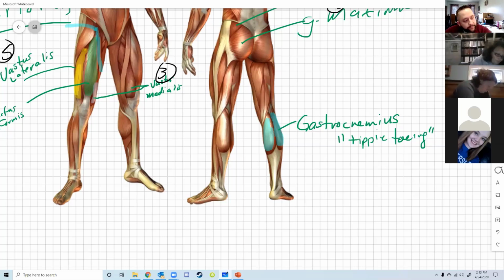If this muscle flexes here, so I'm going to say it scrunches up, what happens to your foot? It goes down, right? You can go either way, actually. Oh, of course, flexion.